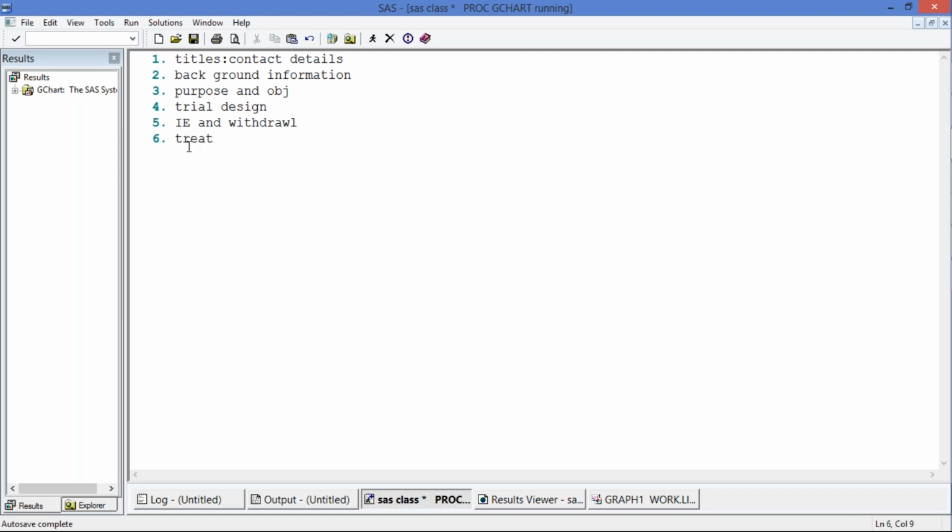What are all the treatments available for the subject? Those are all will be listed here. Treatment of subjects. And we have assessment of safety, assessment of efficacy.